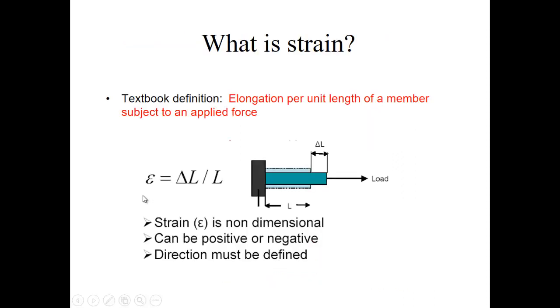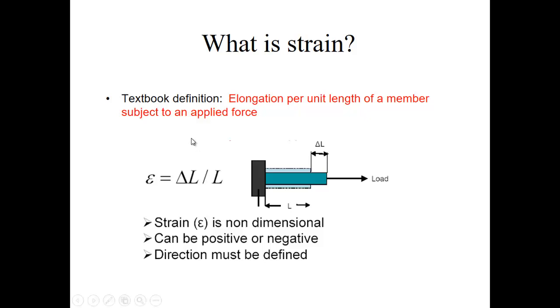So we go to the fundamental of the definitions of the strain. What is strain? When we refer to the textbook, the definition of a strain is elongation per unit length of a member subject to an applied force.